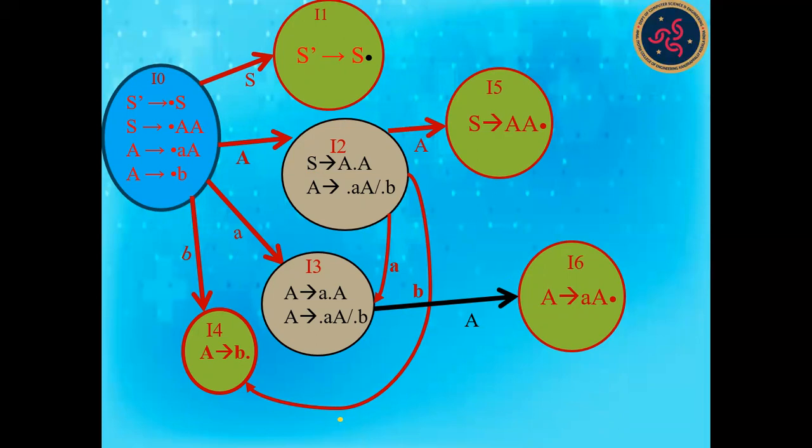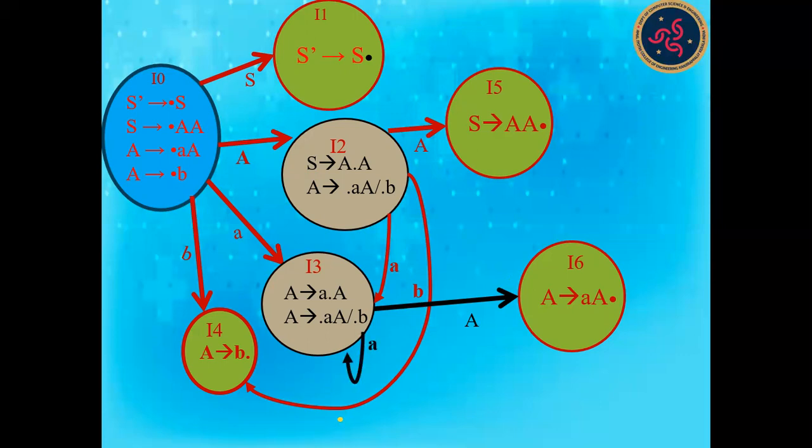Again, when we consider this small letter a, when small letter a comes, what do you have to do? The production is same as this production, right? Again, it will go to the state I3. So we can loop in that case itself.